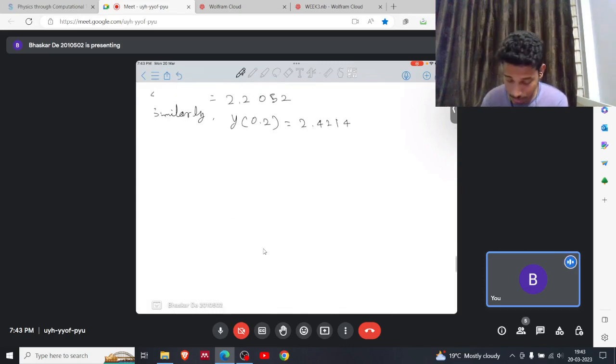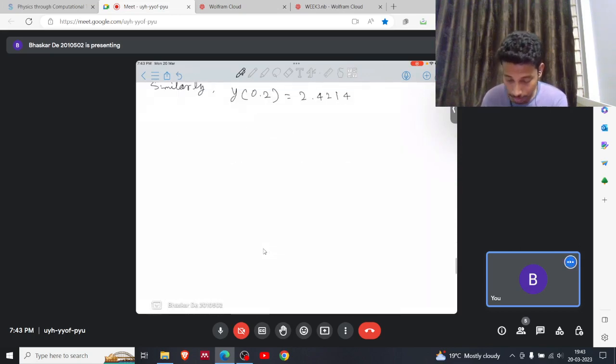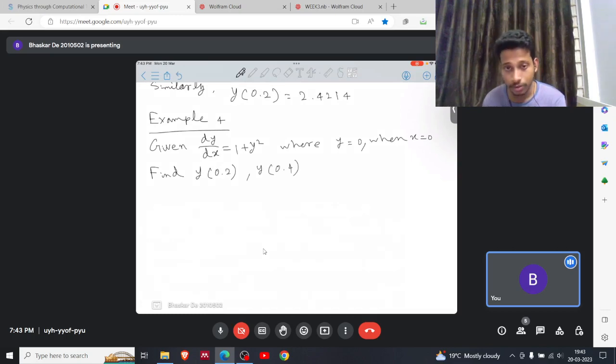So now we will again see the third example, another example of the Runge-Kutta method. Given dy/dx equal to 1 plus y square, where y equal to 0 when x equal to 0, find y(0.2), y(0.4) and y(0.6).